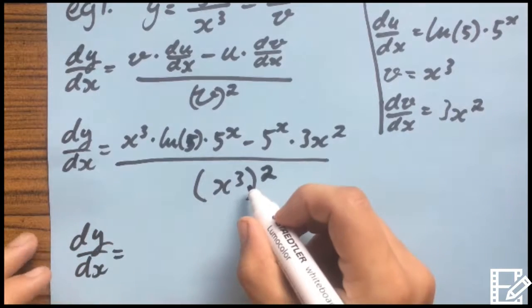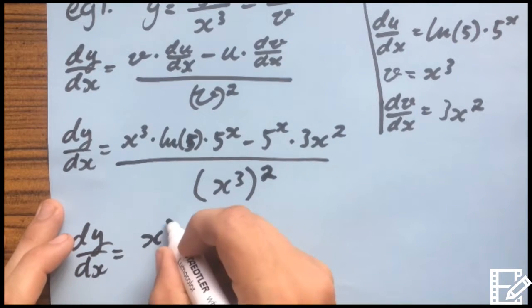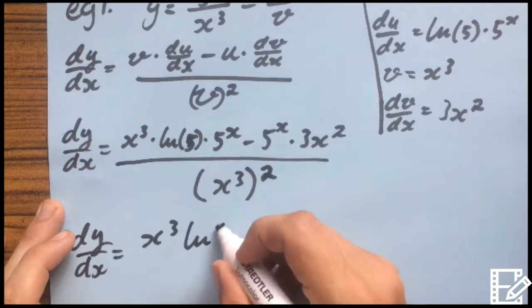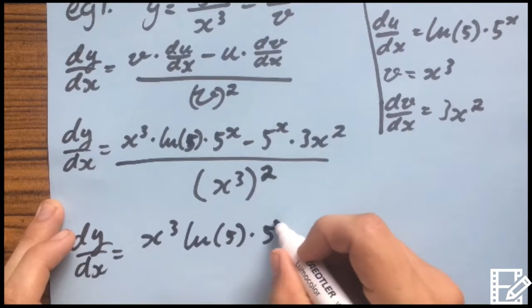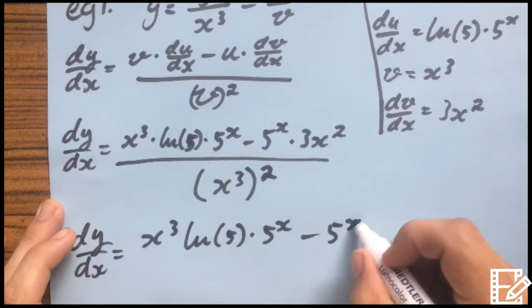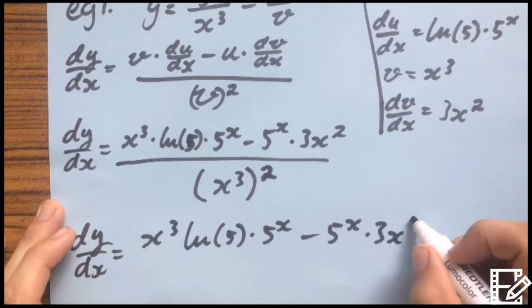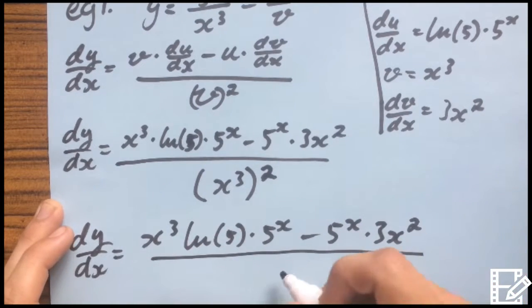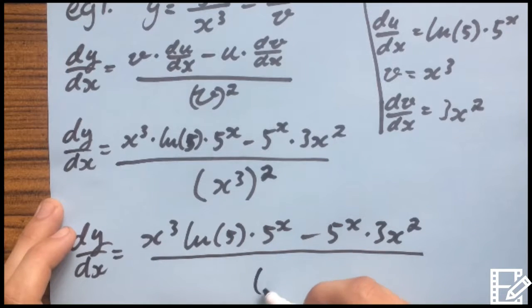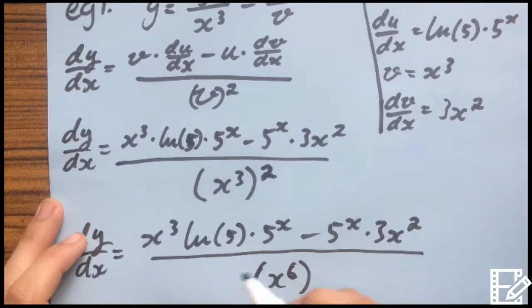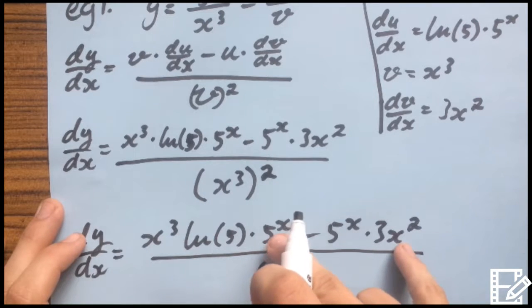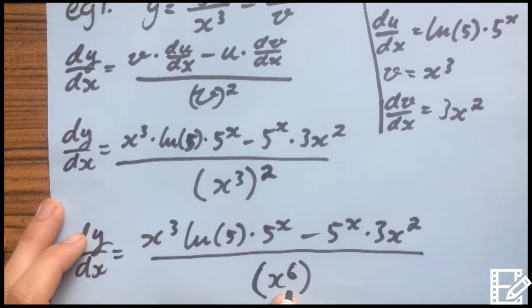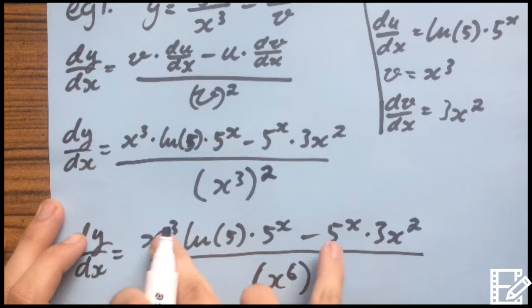If we were to expand the bottom brackets out, we would get, just rewriting the top, we would have x to the power of 6, because we have an x to the power of 3 and an x to the power of 2, we can use the x to the power of 6 to eliminate some of these.